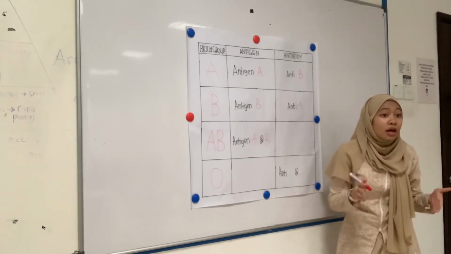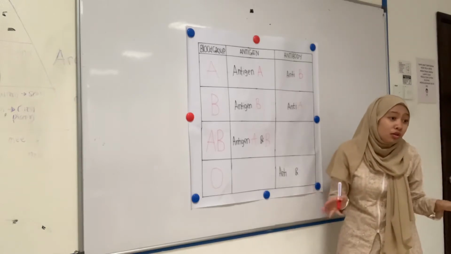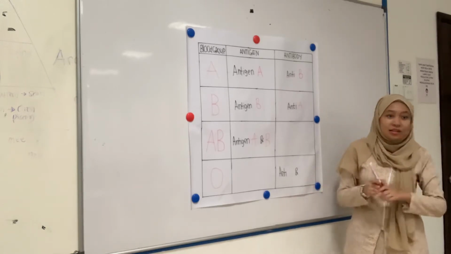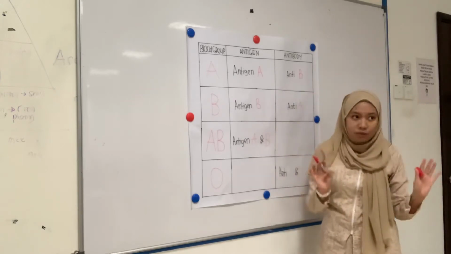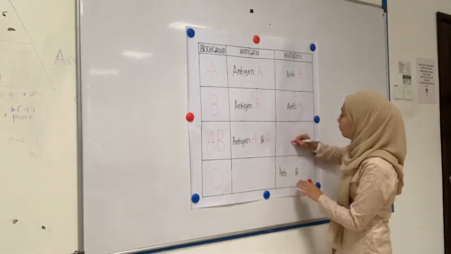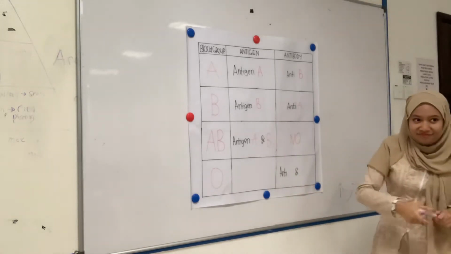It means that Raiha cannot receive blood from B group. So it doesn't make Raiha a universal recipient. So people with AB blood group do not have any antibody, since they can receive from everyone. Okay? So far, okay? Okay, teacher.